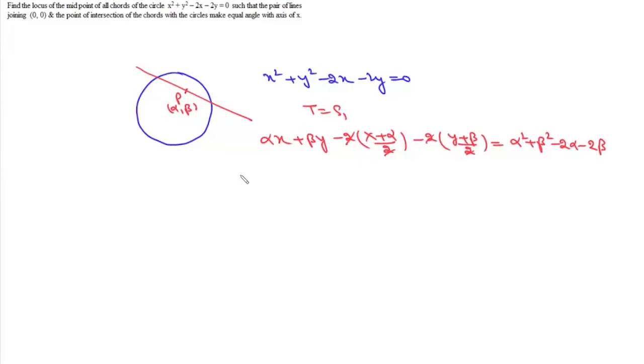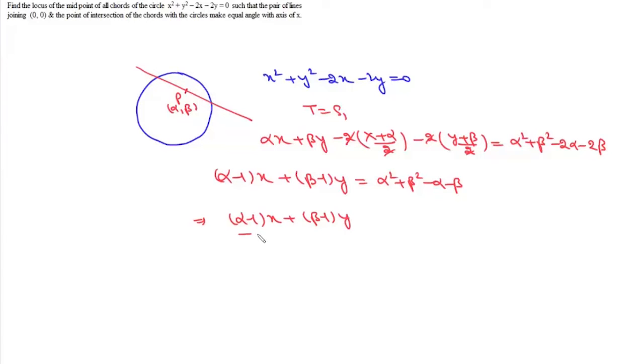So we'll get this equation as alpha minus 1 times x plus beta minus 1 times y equals alpha square plus beta square minus alpha minus beta. Now we'll write this as alpha minus 1 x plus beta minus 1 y, upon alpha square plus beta square minus alpha minus beta, equal to 1.